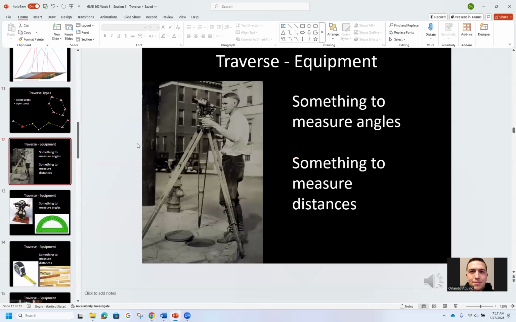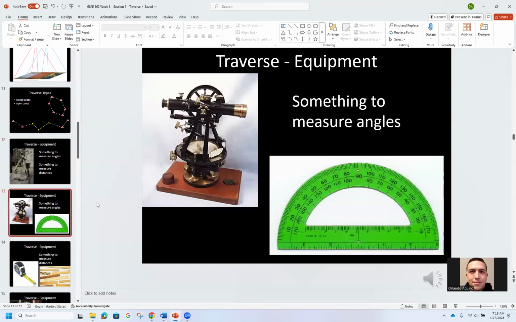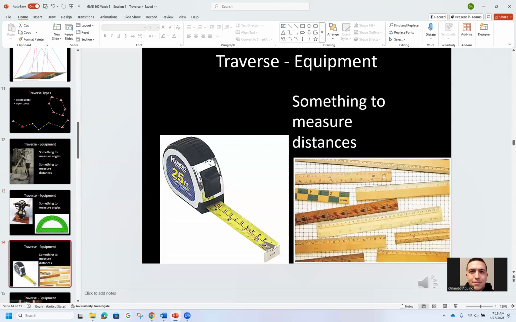And again, traverse equipment. Well, back before we had any of the fancy equipment, you had singular equipment that could only do one function. So this was like a theodolite that could just measure angles, right? Or another transit to measure angles, and then you would have some kind of distance measuring.